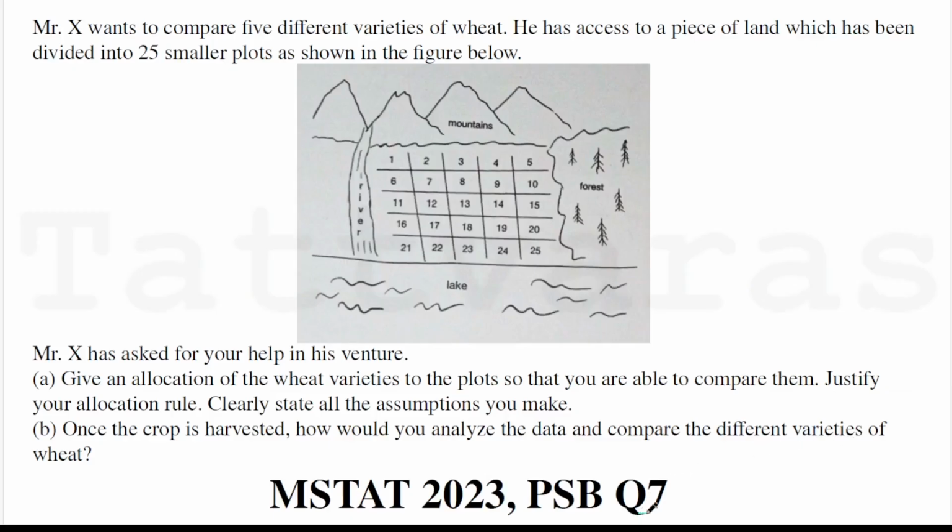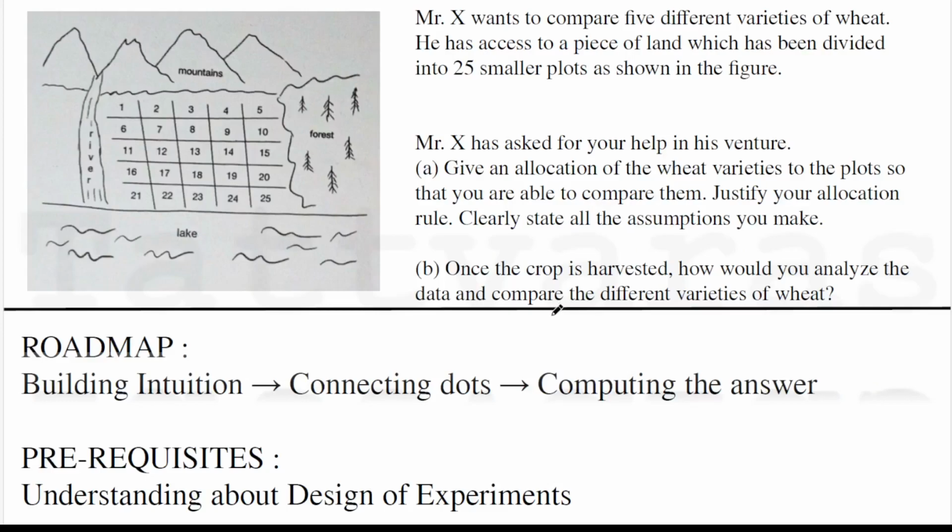Today we will tackle the seventh problem of ISI MSTAT 2023 PSB. And yes, the problem screams design of experiments at you. We have to allocate land meaningfully for Mr. X so that he can do a good comparison of 5 different varieties of wheat.